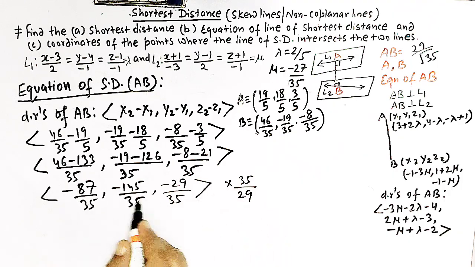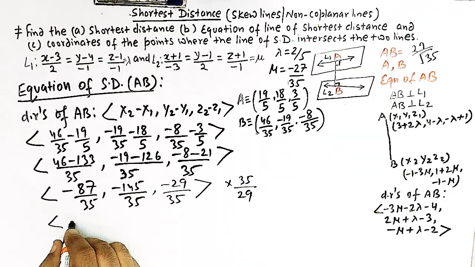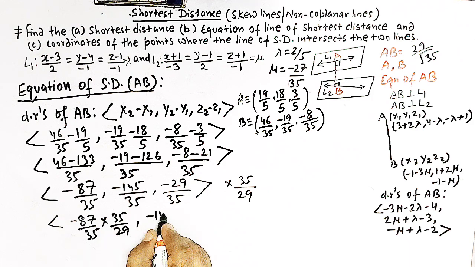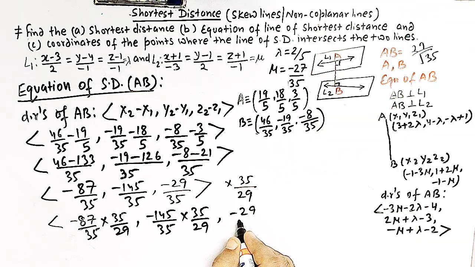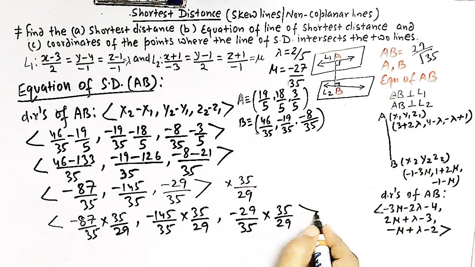So multiplying these three numbers by 35 over 29, we have here minus 87 over 35 times 35 over 29, minus 145 over 35 times 35 over 29, and minus 29 over 35 times 35 over 29.